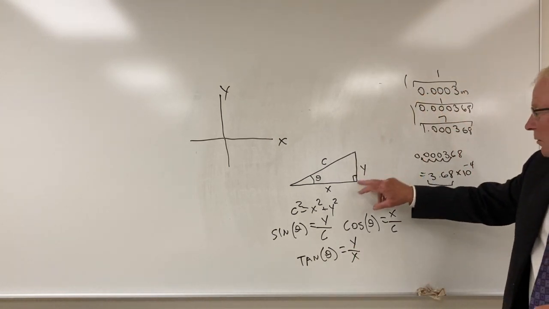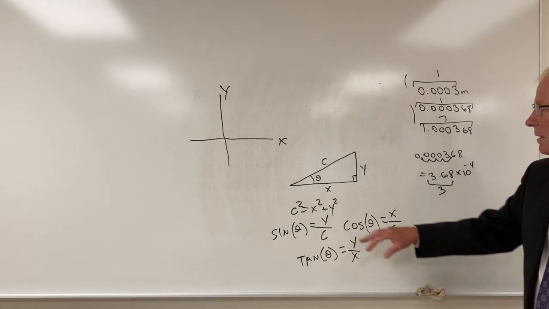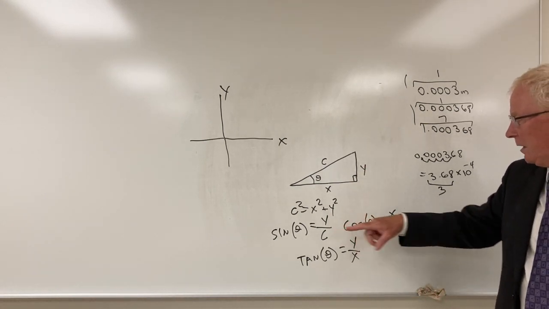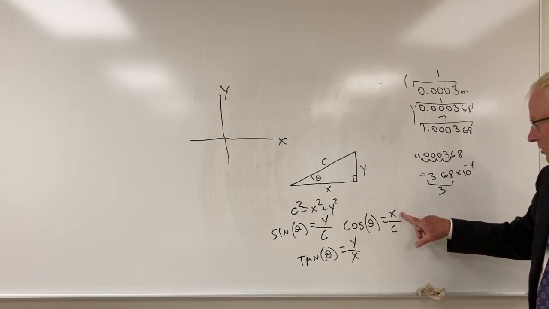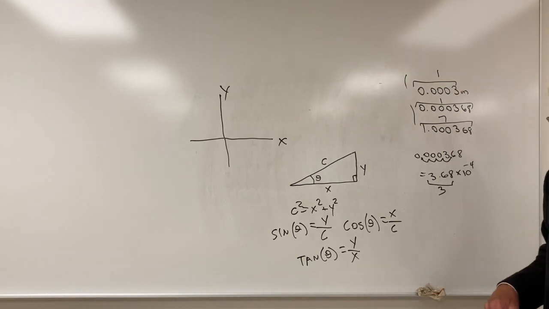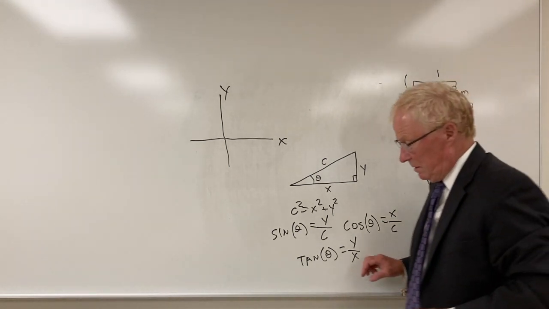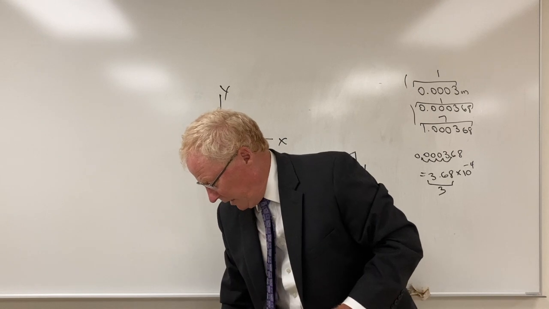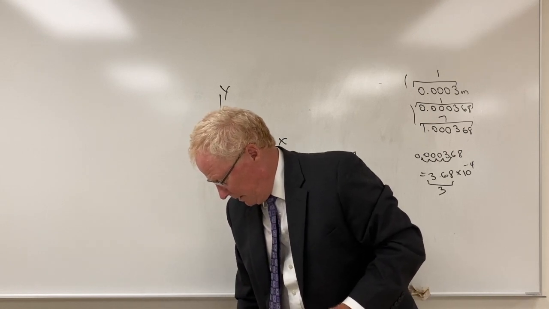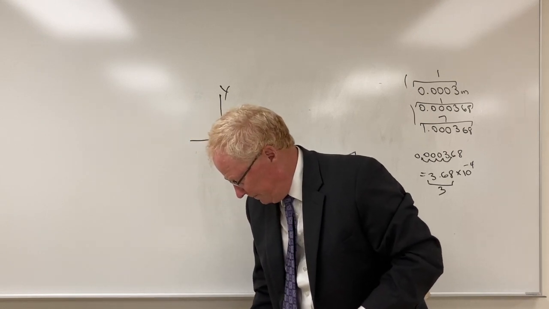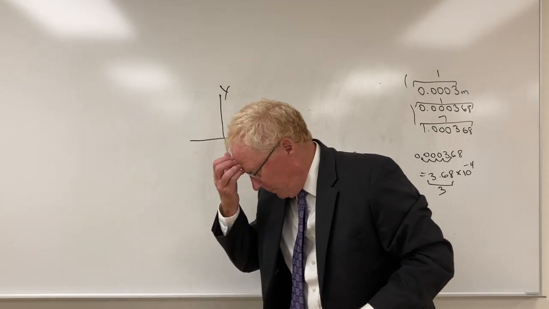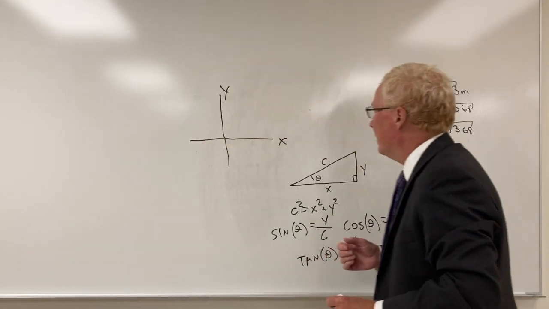So opposite over adjacent is tangent, sine is opposite over hypotenuse, cosine is adjacent over hypotenuse. So that's a little bit on trigonometry as far as chapter 1 is concerned.